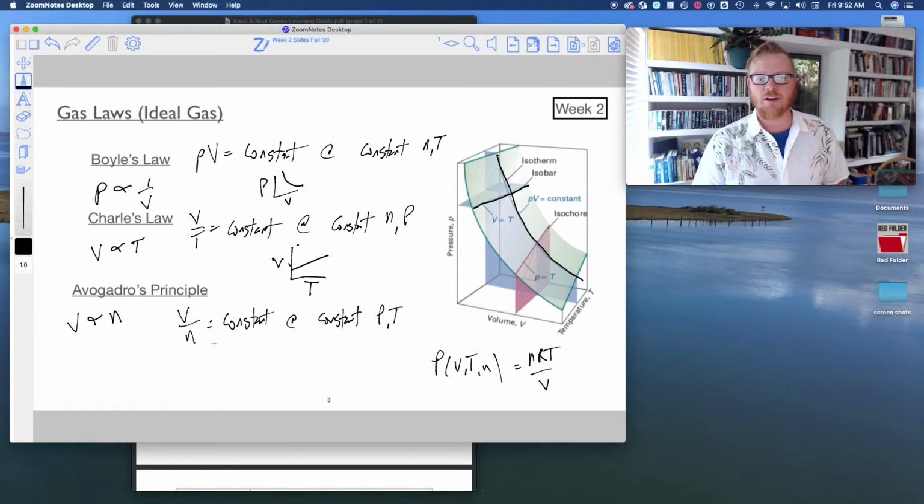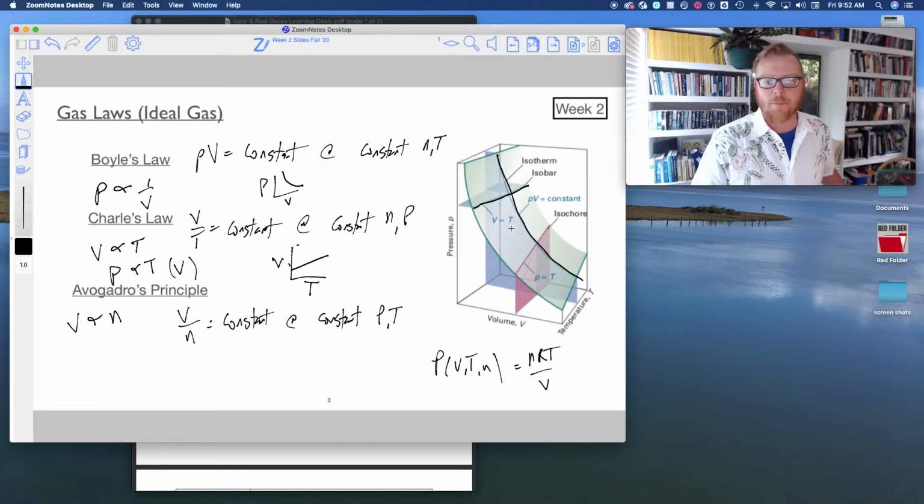And then finally, Avogadro's principle gives us, let's see here. It's actually, oh, Charles' law also, sorry, I didn't point out. If we fixed volume in Charles' law, then we also know P is directly proportional to T, assuming V is constant. Sorry, this is getting a little sloppy.